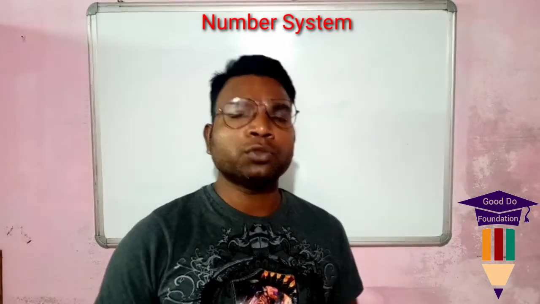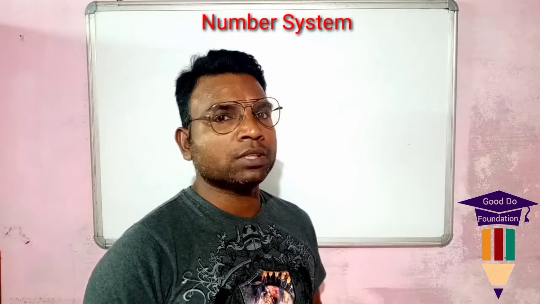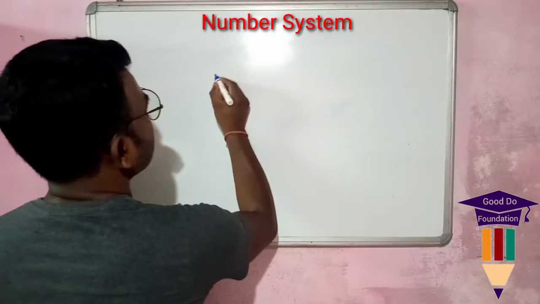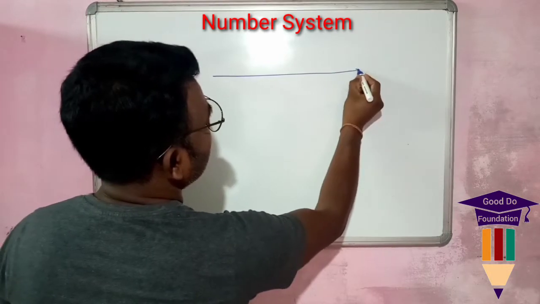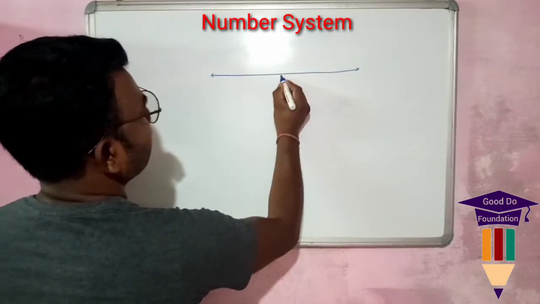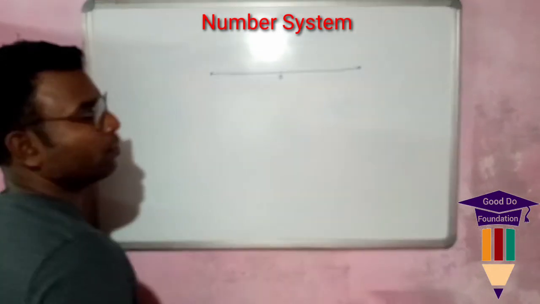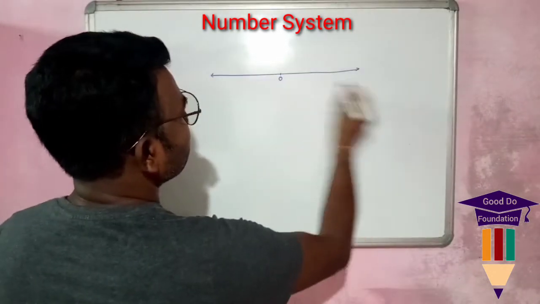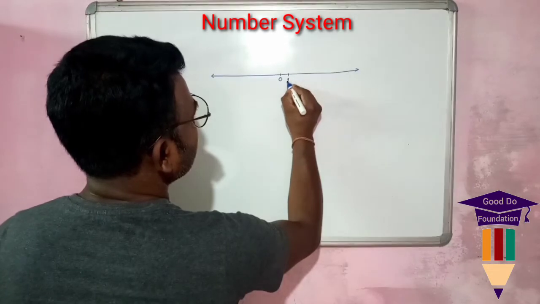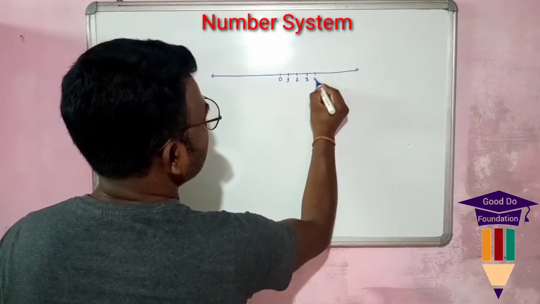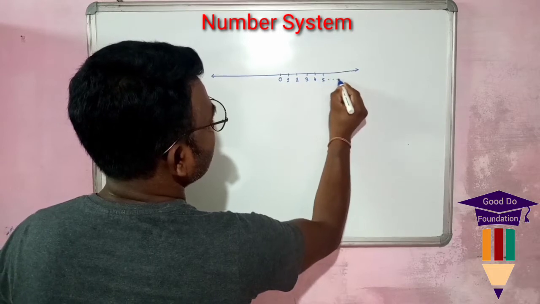Now, how you all are going to show the numbers on a number line. To show on a number line, you need to draw a line, and in between somewhere you need to mark 0. On the right side of this, you will have the positive integers and so on.